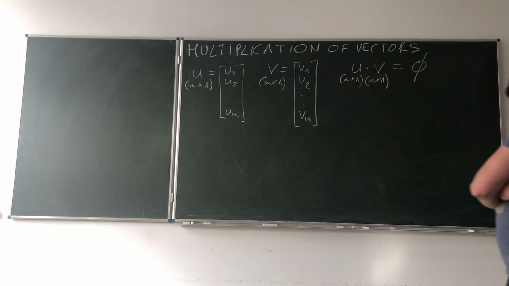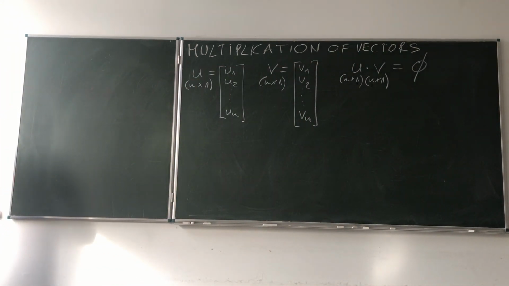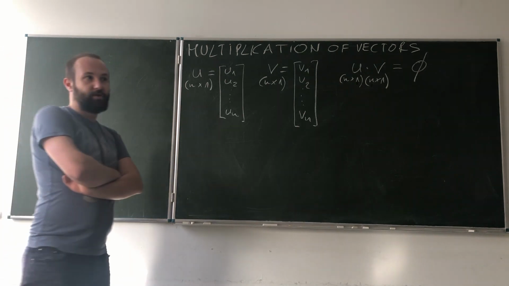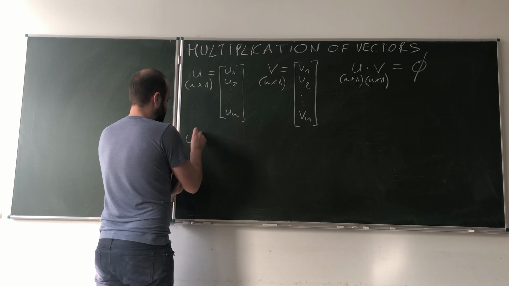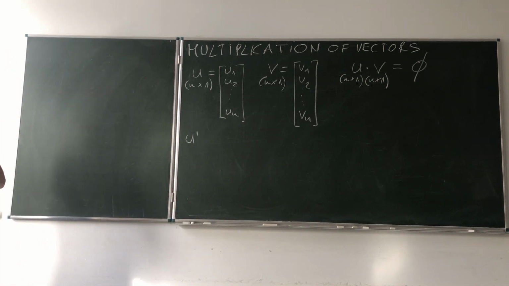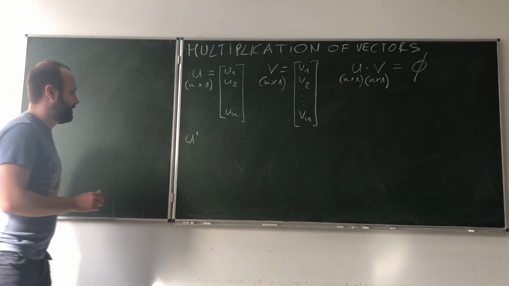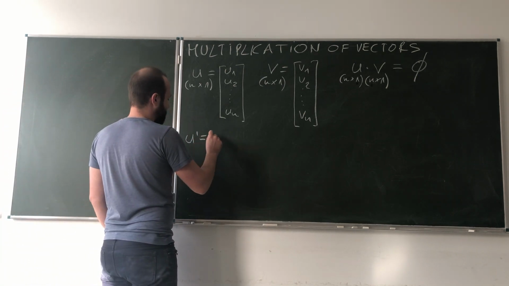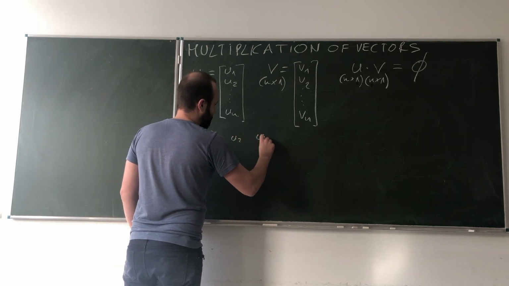Okay, so if we cannot multiply those two vectors, maybe we can multiply two row vectors. Row vectors we will denote as u prime and v prime. What this prime means I will explain later. And look, u prime vector will look like this: u1, u2 until un.